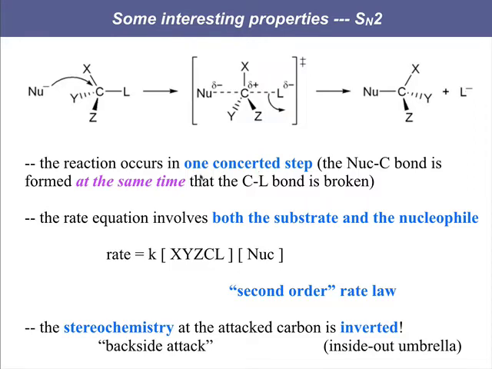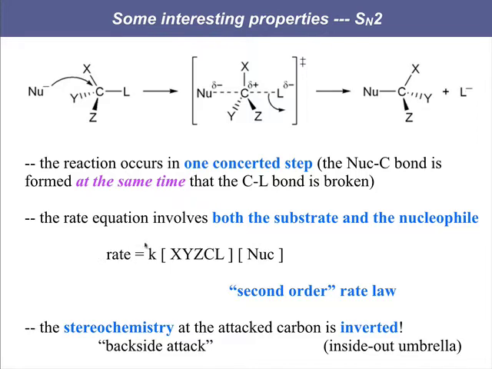We learned a 3 or 4-step mechanism for free radical halogenation. This substitution reaction is just one step. Now, because that one step in the mechanism involves both the nucleophile and the substrate, we would say that the rate equation is second order.